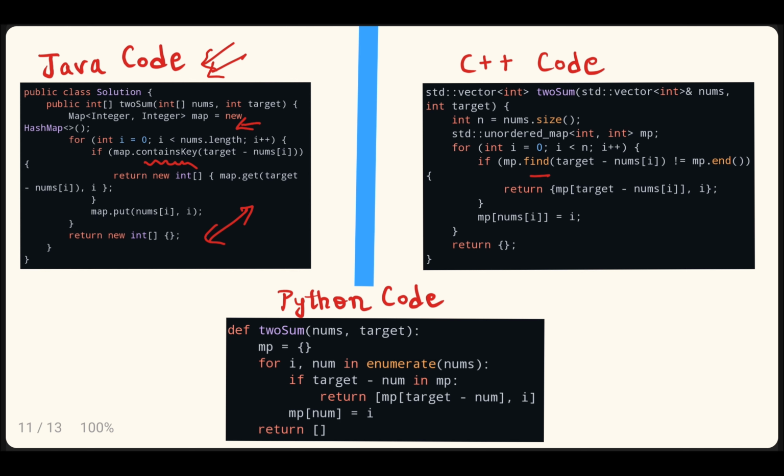And in Python, it is much shorter. Look how small the initialization of the map is, and we loop through the given array, check if target minus num exists, and if it exists we return, if not we add it, and if no answer exists, we return an empty array or vector. So these are the implementations.